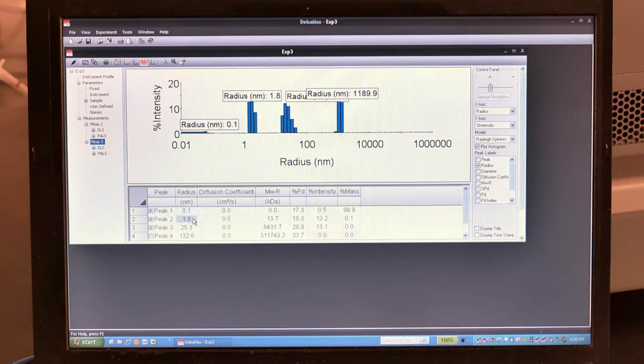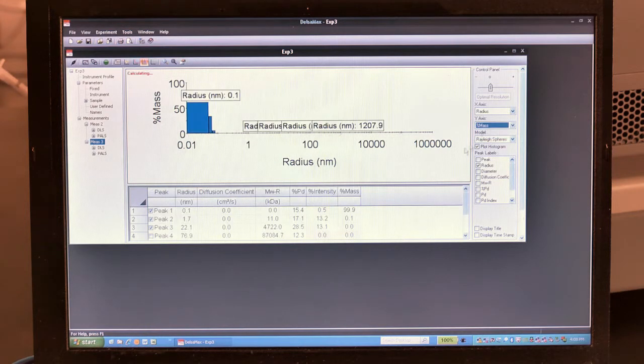And we still have a large amount that's at 1.8 nanometers. So this is the surfactant micelle. When we change this from intensity to mass, we see predominantly free surfactant, and all the larger peaks disappear.